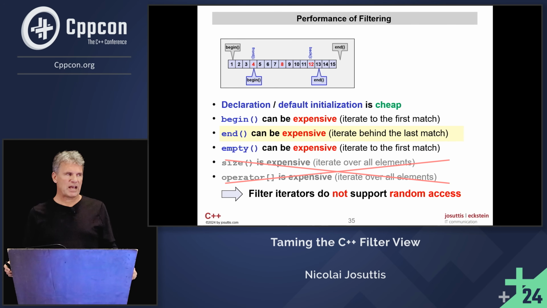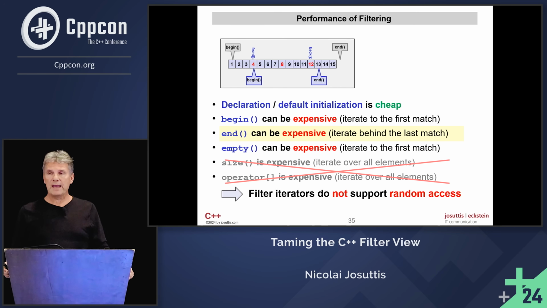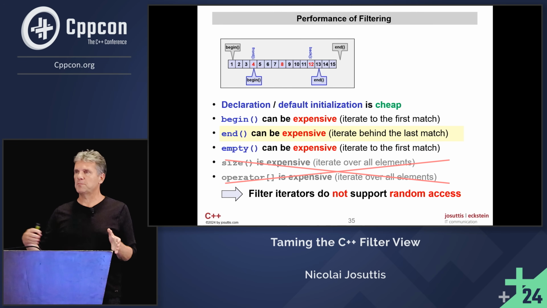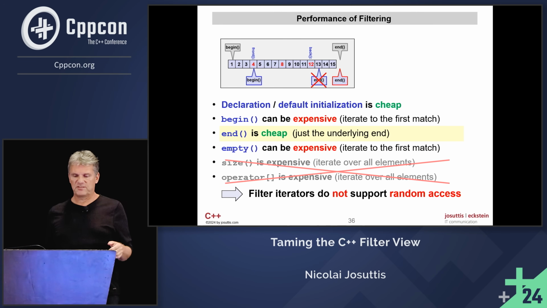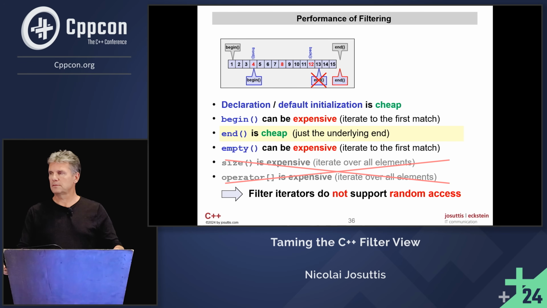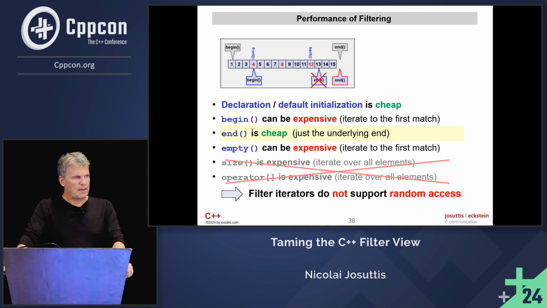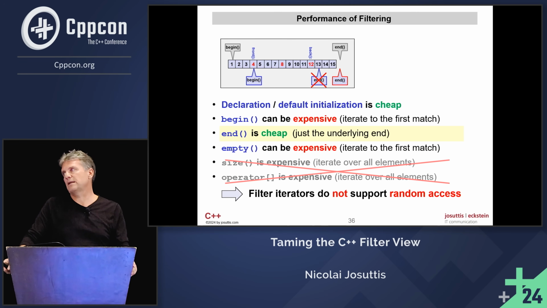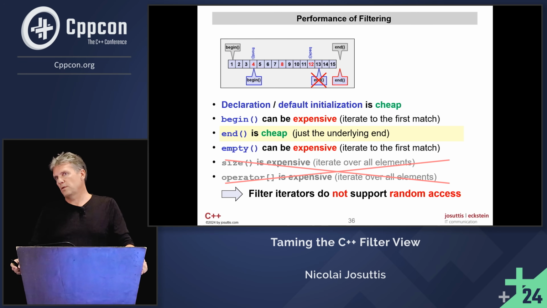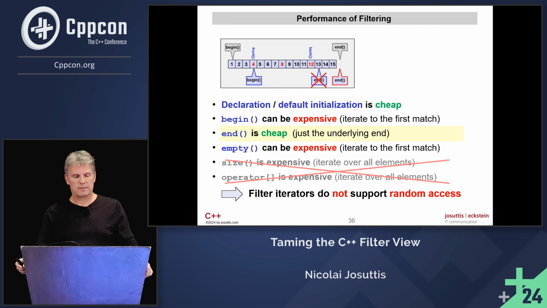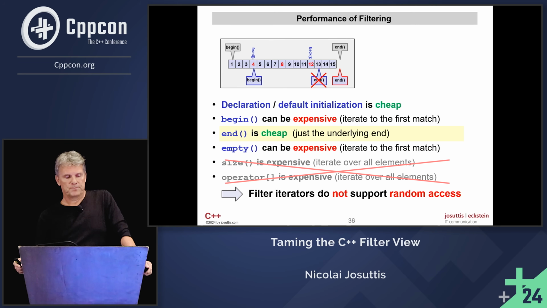Well, at least not technically. We anyway don't have the elements in continuous memory. So let's just use the end of the underlying container. And that way, going from the last element to the end still can take time. Think about the last element being right in front, it can take significant time. But that way, end is cheap now, really cheap now.